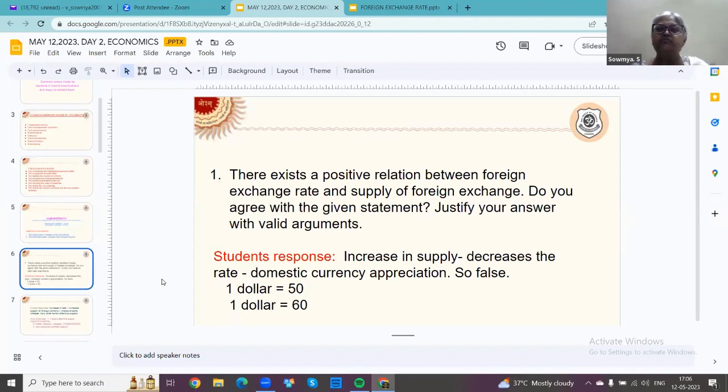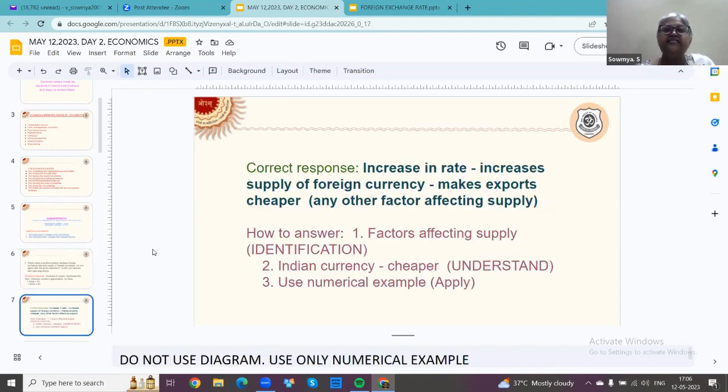So for the country, the exports will increase and thereby the supply of foreign currency into the country will increase. So that is exactly what they're supposed to write, or any other numerical example they may write. The idea is they are supposed to write about the rate and the supply.